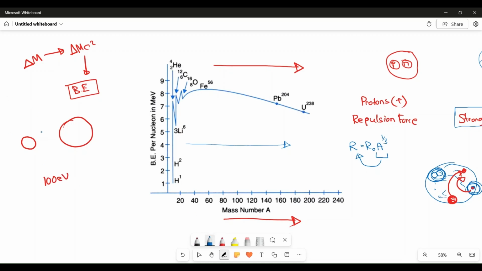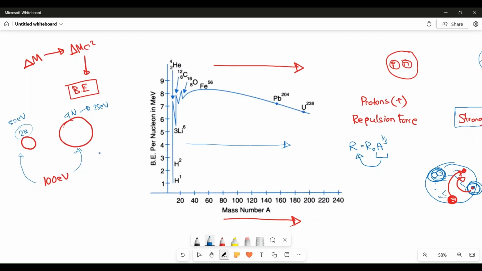Now suppose we have only two nucleons here, and four nucleons here. This binding energy will be shared among the nucleons. So for each nucleon, the binding energy will be 50 electron volts here, and 25 electron volts here.